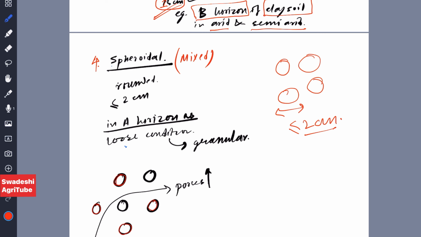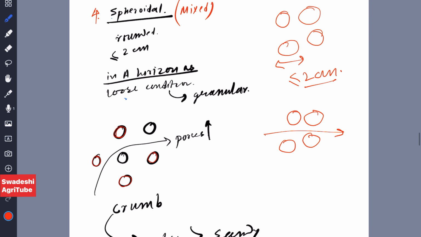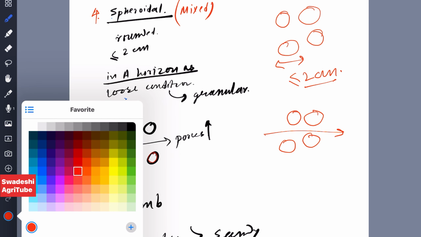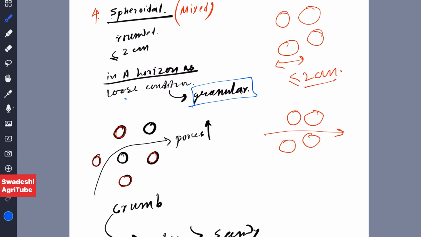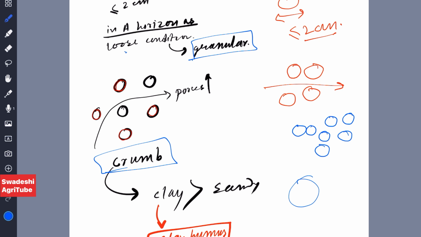And as they are small and granular, there will be enough pore space in between them. And that's why the spheroidal structure can be grouped into two important groups. One is the granular and another is the crumb. In case of granular, those particles will be loosely aggregated. But in case of crumb, there will be high pore space.